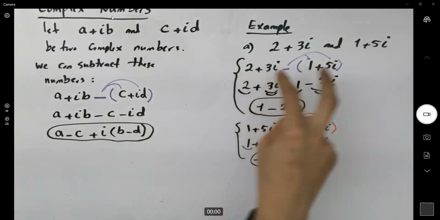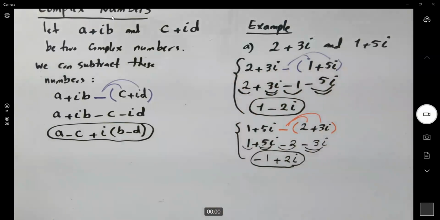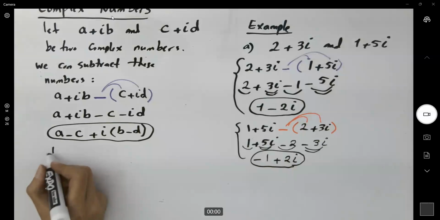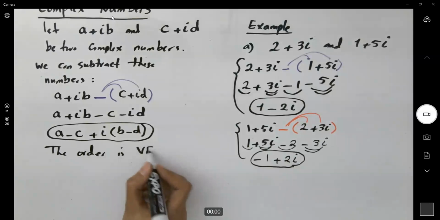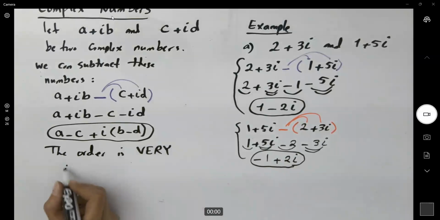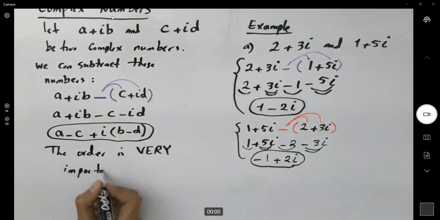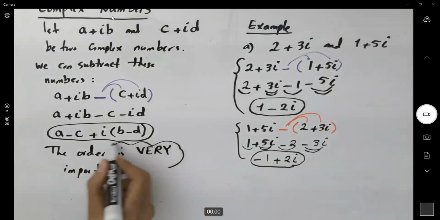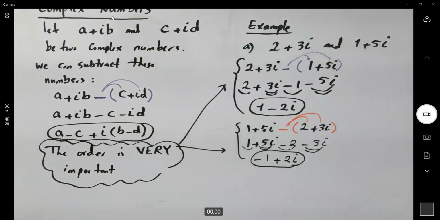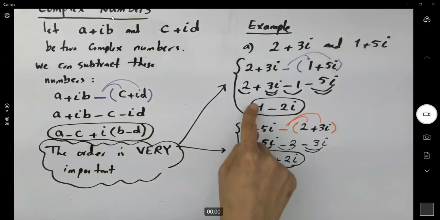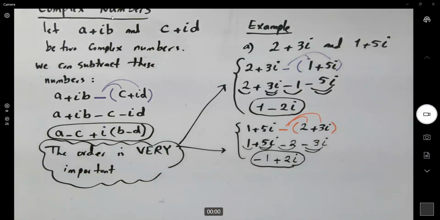Which number comes first? The order is very important. If you change the order, we get two completely different complex numbers.